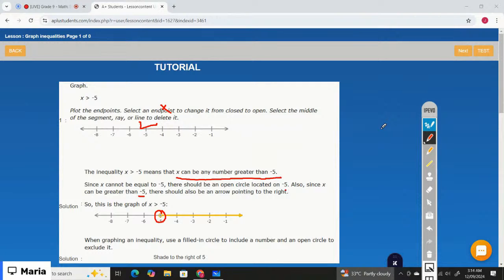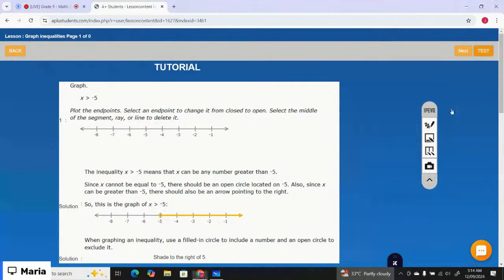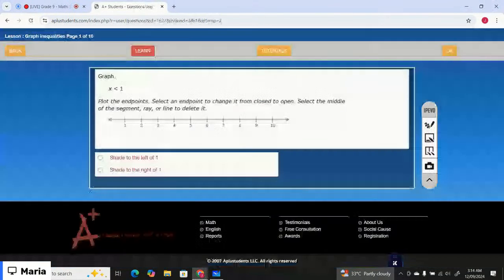Let's just start with the test questions. Graph x is less than 1.